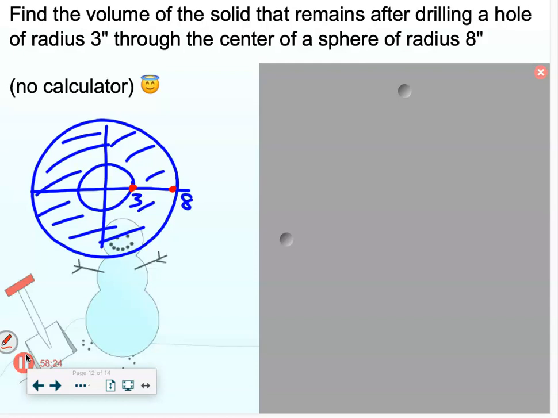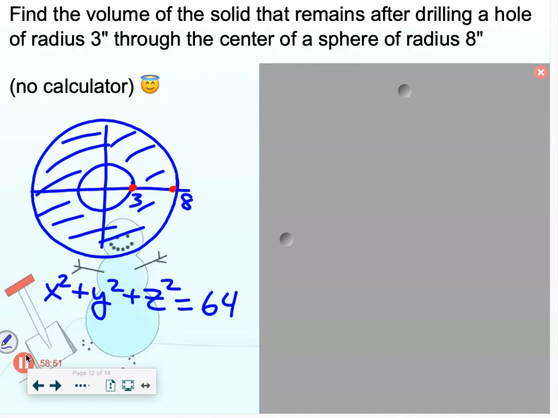Okay, so anyway, all right, z. How do we find our z, right? You gotta have a z. Well, we know that the equation of a sphere centered at the origin is x squared plus y squared plus z squared equals r squared, right? Radius of 8, so 64.